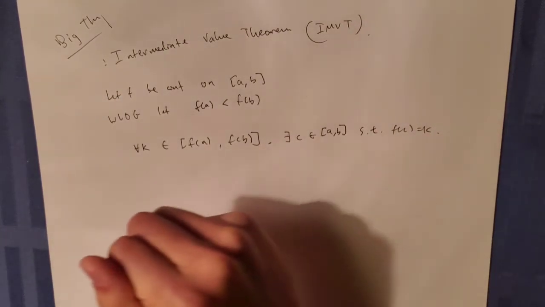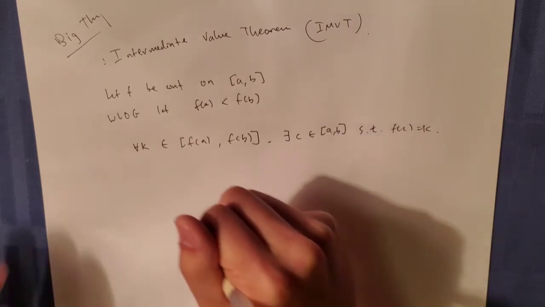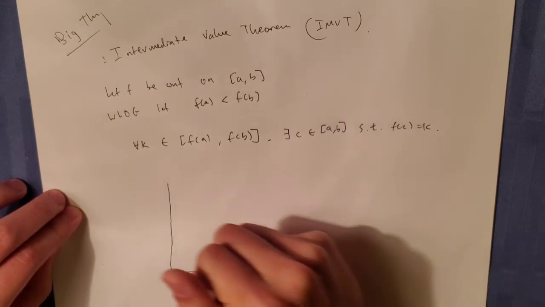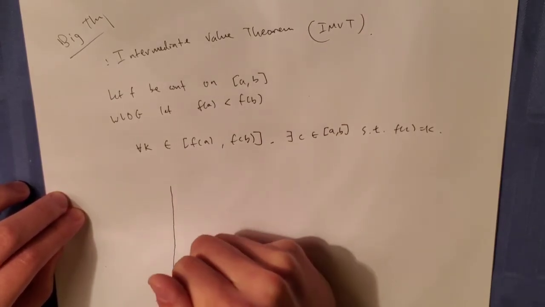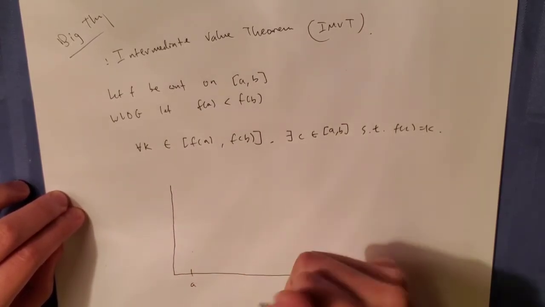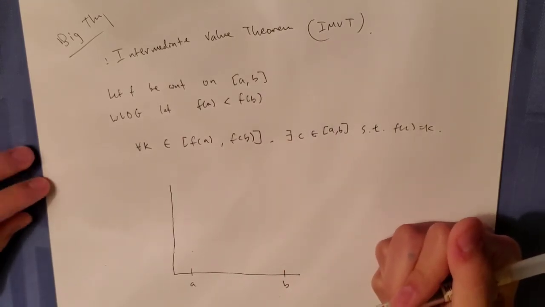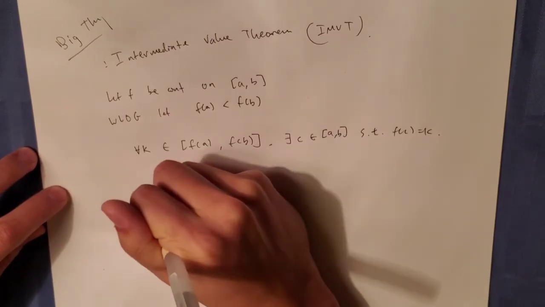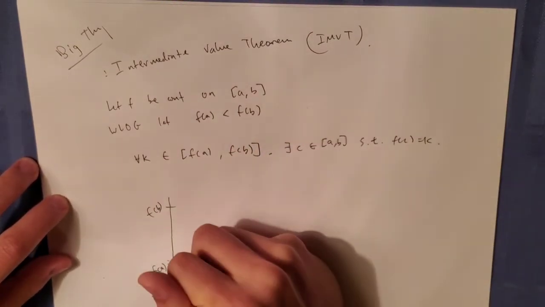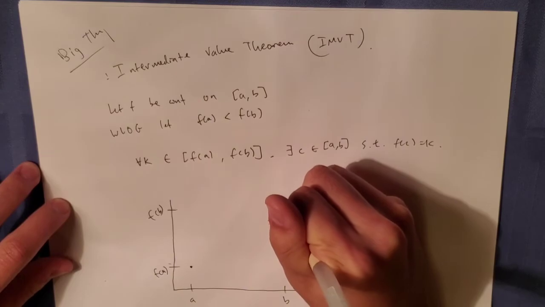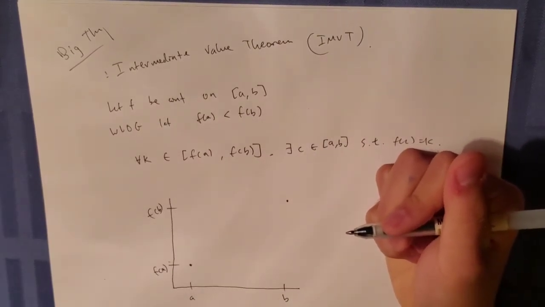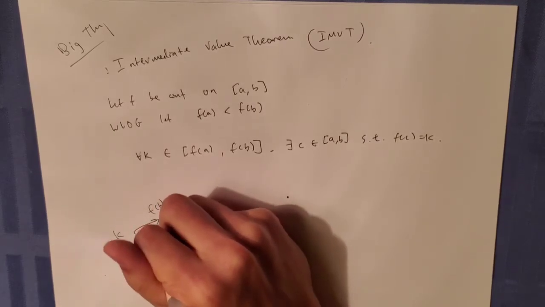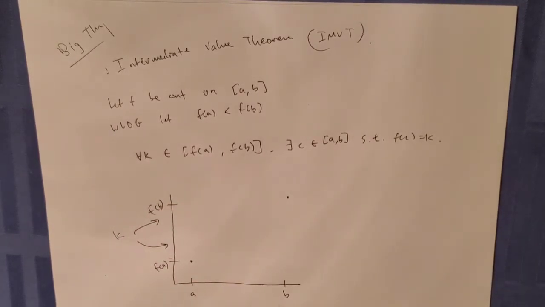So besides the symbols, we can draw a little picture to make it easier to see. So we have a and b. And so we have f of a here and f of b here. So we have 2 points. Okay. And so we're saying k is somewhere here, right?